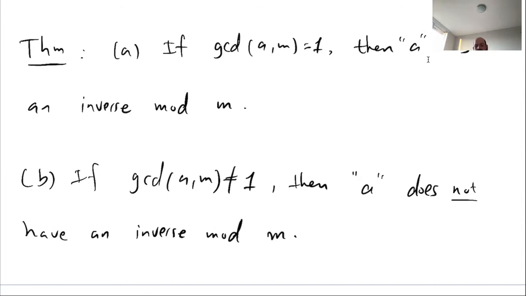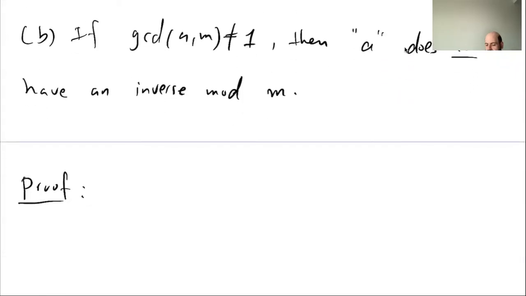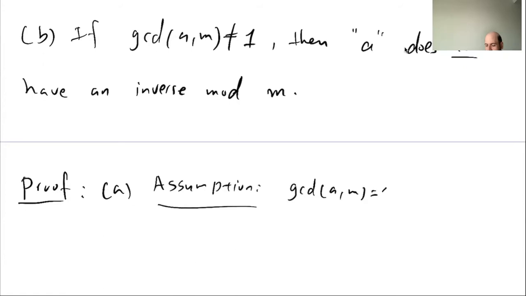So it is a very simple characterization that determines exactly which numbers have an inverse and which do not. Now to prove the theorem for part A: what is the assumption in part A? The assumption is GCD of A and M is 1.